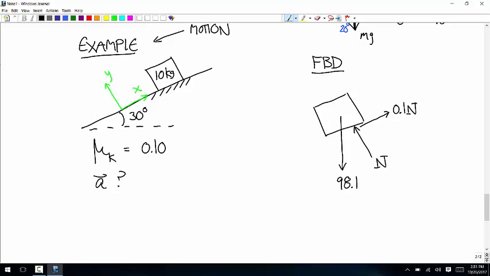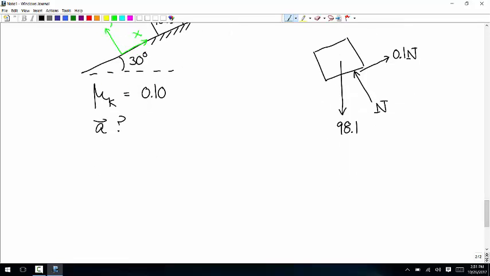And so expressing the acceleration vector, the normal force vector, and the friction force vector, those are all easy now. We have that rotated coordinate system. But we have to deal with this weight force of 98.1. So let's draw the horizontal and the vertical.